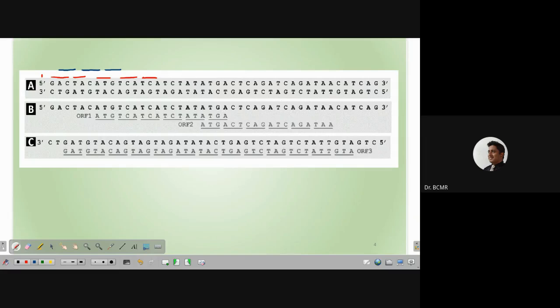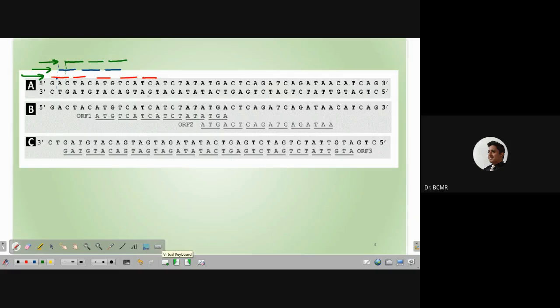I just started at a different position like this. If I were to start again in a different location, then I could start in this location, all in steps of 3. The first one is one reading frame, second reading frame, third reading frame.